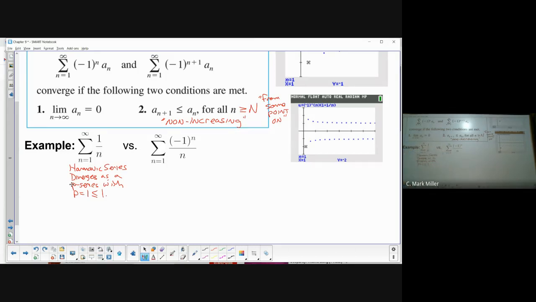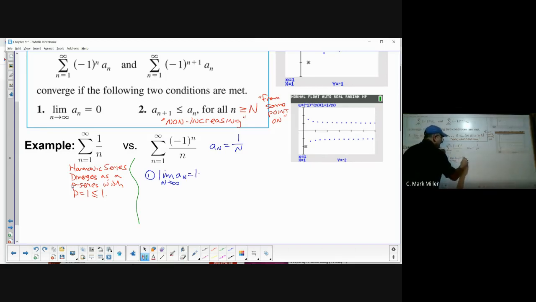If we put the minus 1 to the n in here, this is our an. Our an here is 1 over n. Our an is everything except the minus 1 to the n part. Note, condition number 1: the limit as n goes to infinity of an is the limit as n goes to infinity of 1 over n, which equals 0.